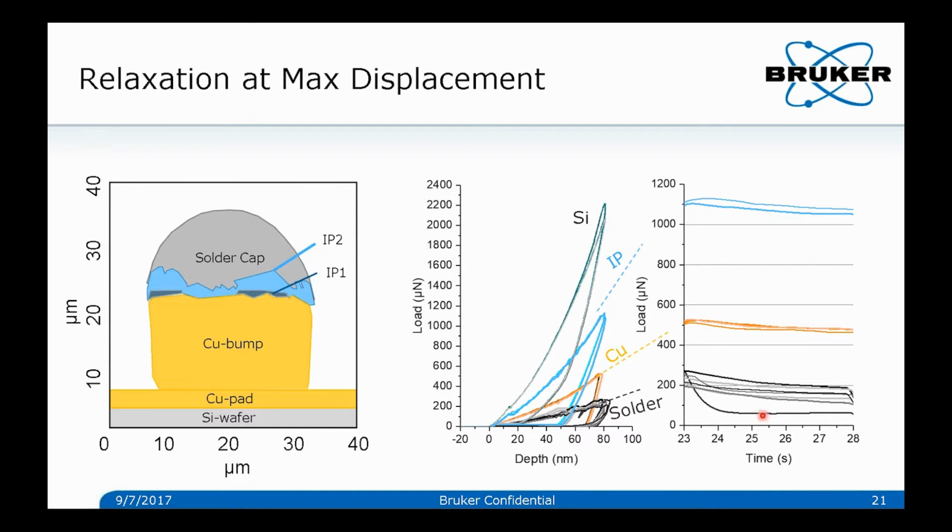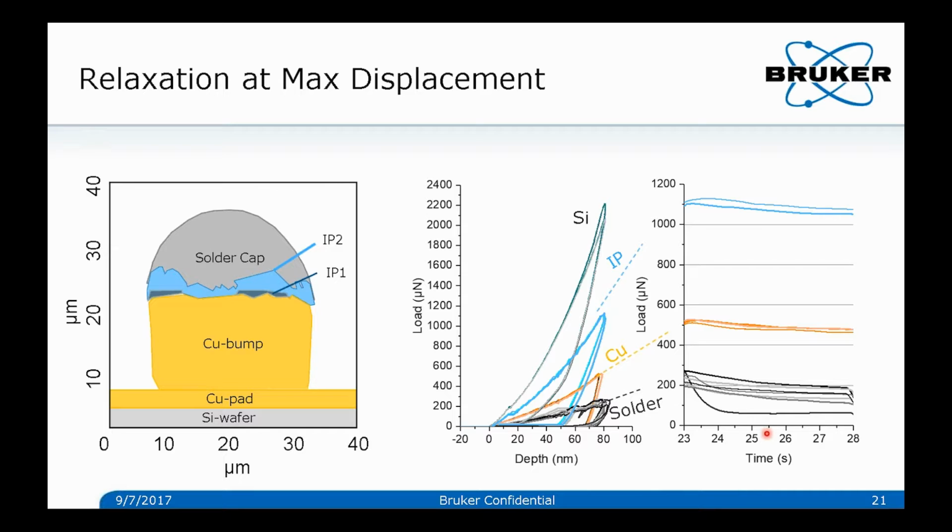But you can also do stress relaxation measurements from a test like this. So if we analyze the hold segment of these indents where we're holding the force, you can actually look at how the stress relaxation occurs, and the amount of force required to keep you at that 80 nanometer depth will decrease over time.